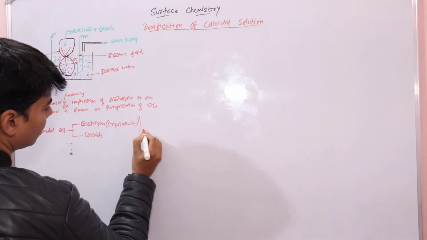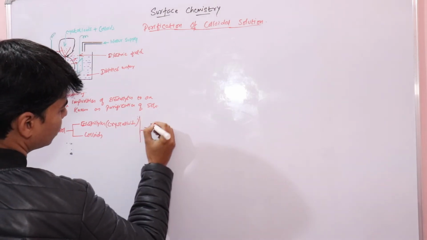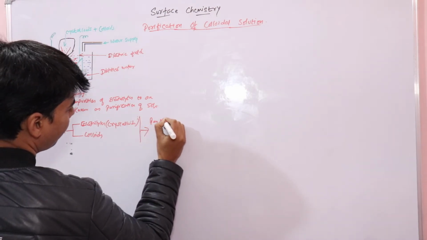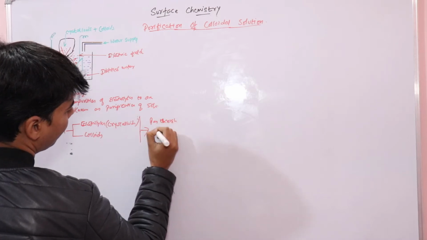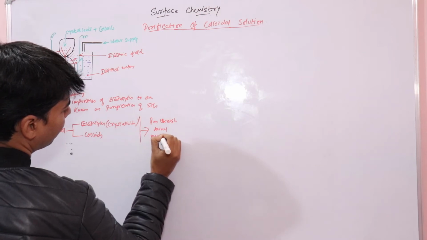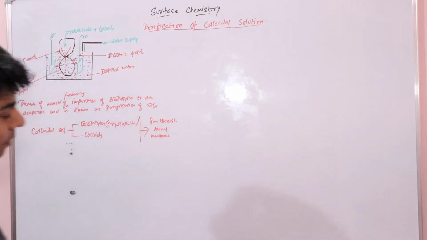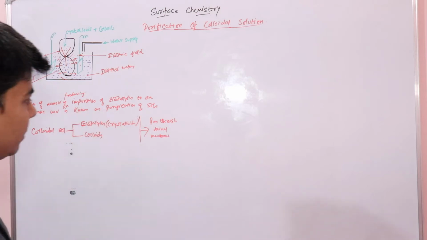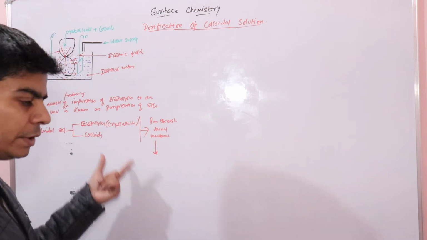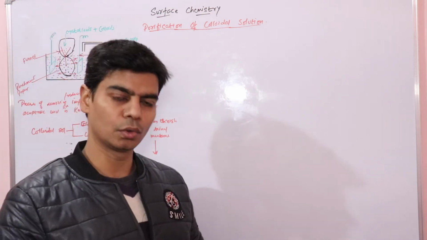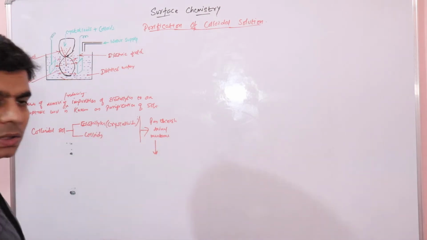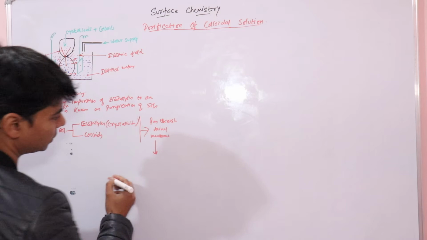This is allowed to pass through the animal membrane. The animal membrane will allow crystalloids to pass through it, but it will not allow colloids to pass through it. This is how the impurities of electrolytes, which are crystalloids, would be removed from colloidal solutions.